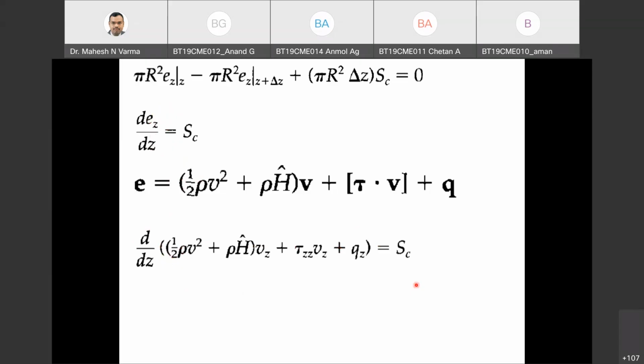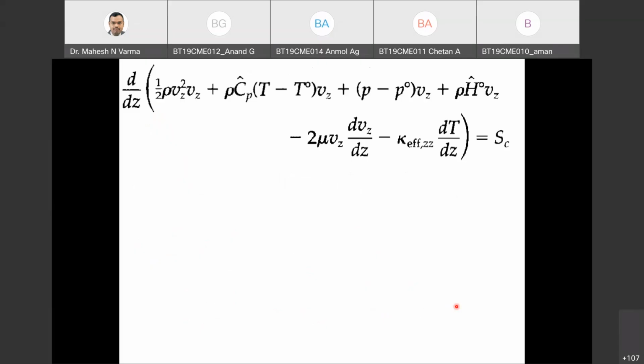Moreover, I can substitute this rho into H also. Rho into H will be equal to rho Cp (T minus T0) plus (P minus P0) plus rho into H0. Substituting everything, certainly solving this equation will be very, very difficult.